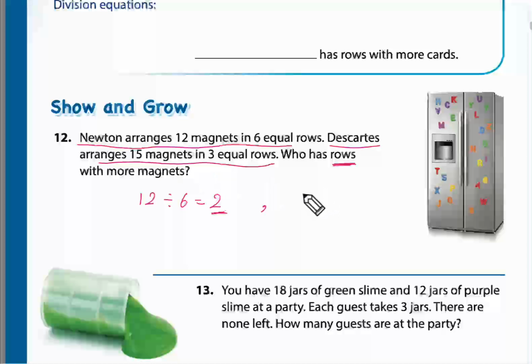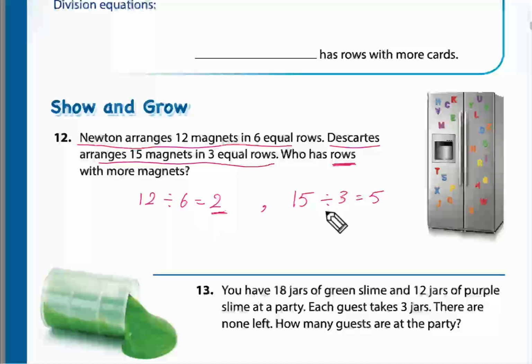Descartes. 15 divided by 3 equals 5. Okay, so who has more in each row? Newton or Descartes?